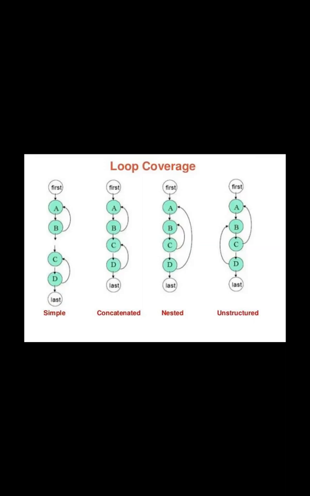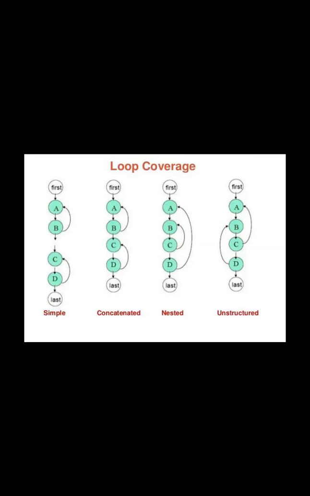There may be chances of getting a combination like concatenated looping coverage. We start the process, process goes to A, then it goes to B. From B to A, there is a looping coverage. Again, then it goes to C, then it goes to D, again it goes back to C. Here we concatenated two processes, A, B and C, D, and both A, B and C, D are having repeated looping statements.